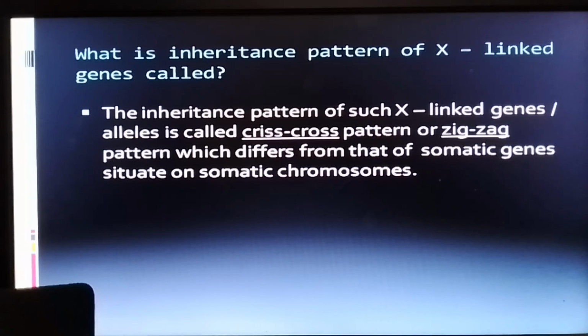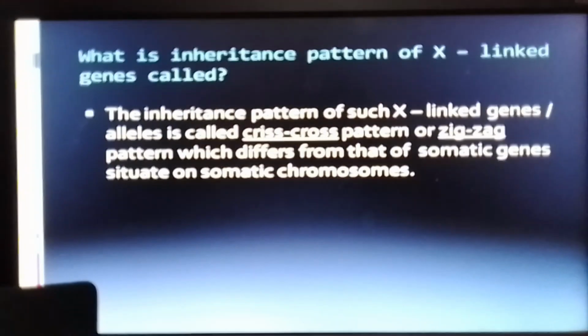But general somatic characters may pass irrespective of the gender, either male or female, even straight. But in the case of X-linked genes, it shows such a male to female, female to male passage. Accordingly, it is called a criss-cross pattern or zigzag pattern of inheritance. Which one? X-linked genes.